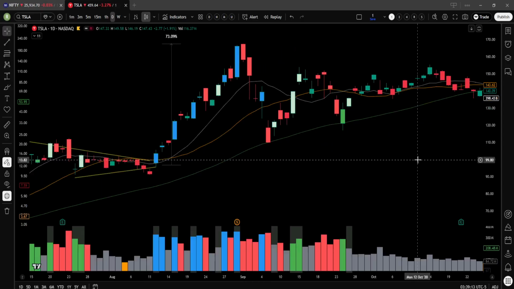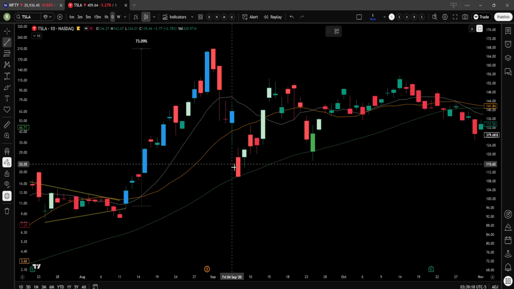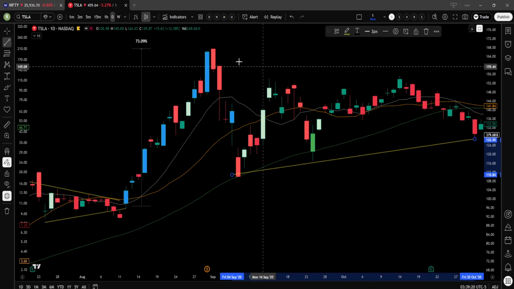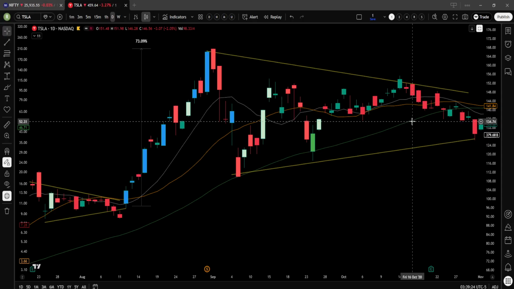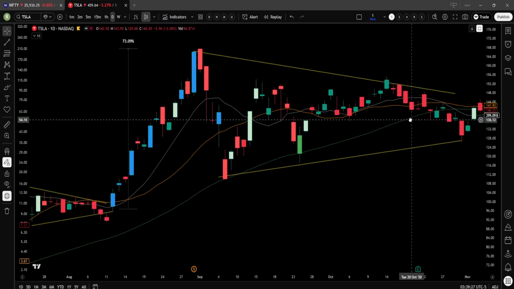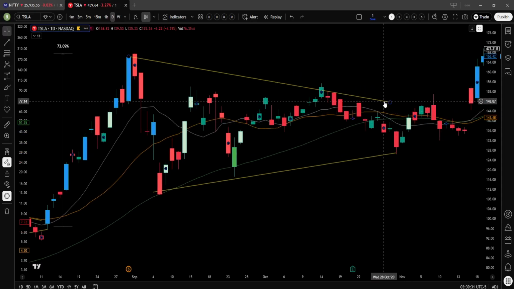So we can consider this a range. This time the base is a little bit bigger, but the pattern is the same. Prior big move, consolidation, then breakout, and then the same move as before.